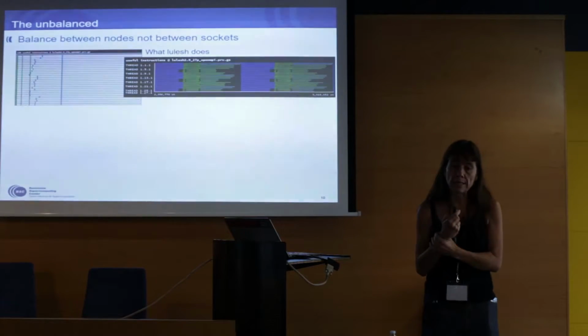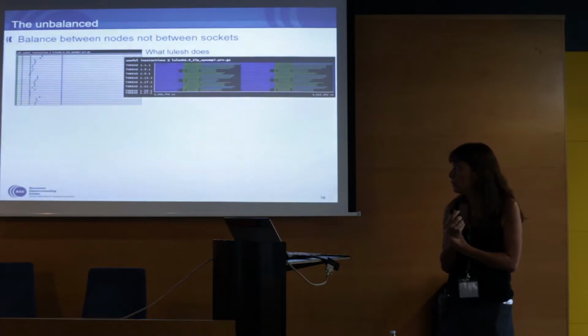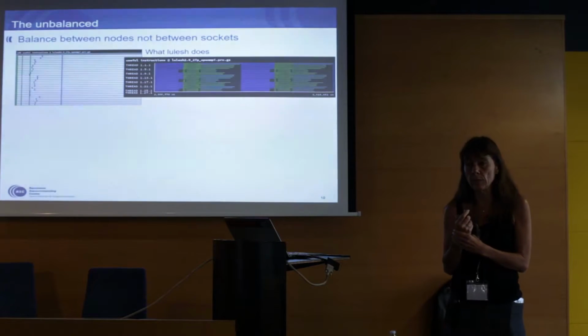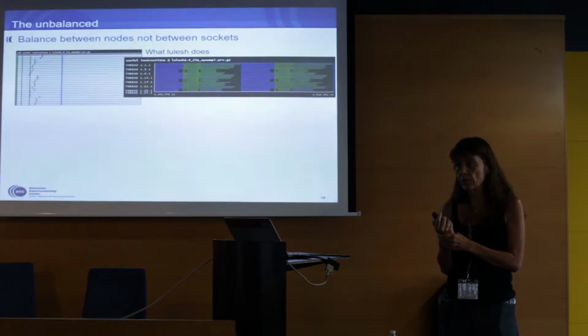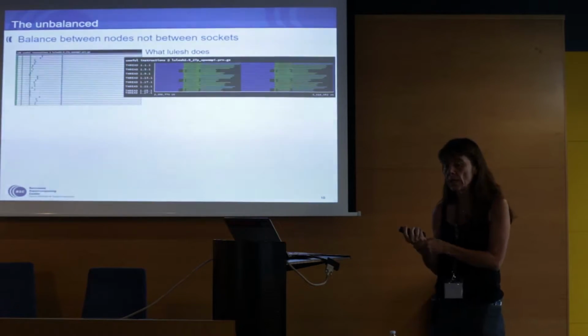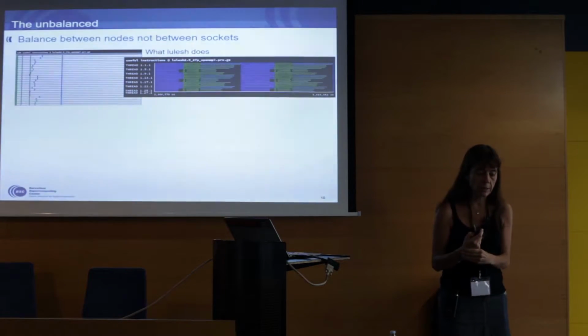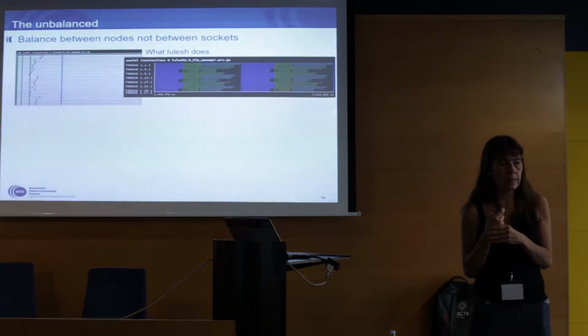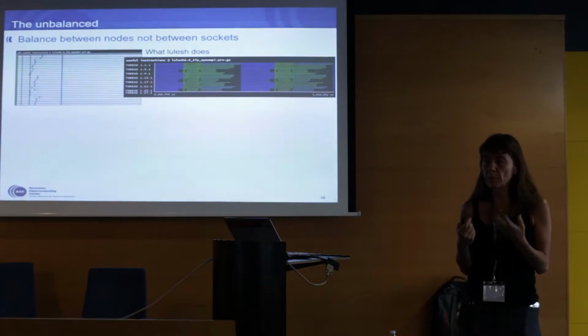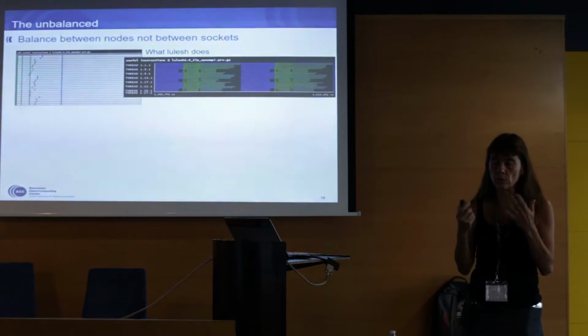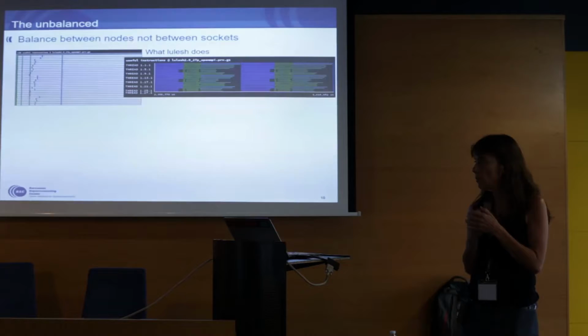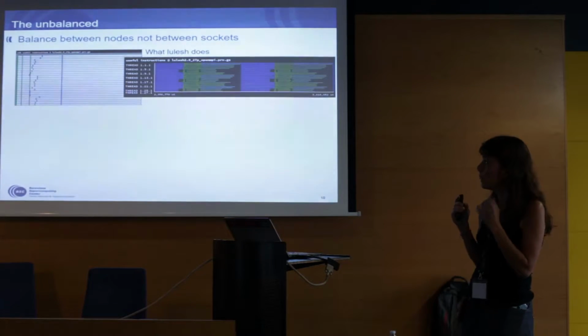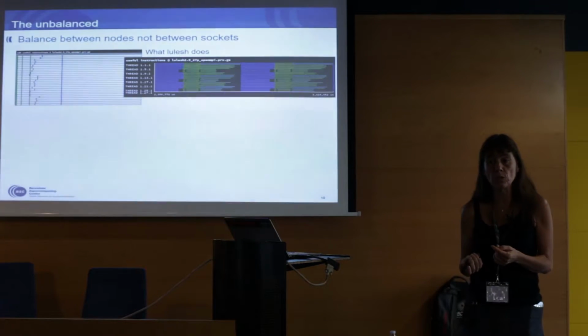So let's look at the unbalanced guy. The unbalanced guy, this is in fact the most frequent behavior. And I think this is because the administrator or the system are not really concerned, or do not really have knowledge of what it means to have different sockets on the same node, okay? So this guy is just balancing between the nodes, but not between the sockets.